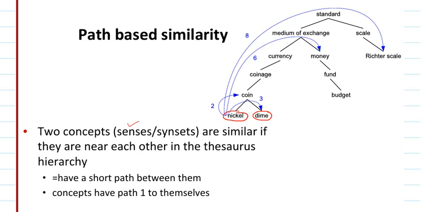These two are near to each other, which means these two are similar to each other, right? So we can calculate the similarity between nickel and money as well, and we can calculate the similarity between dime and scale, right? So dime is again another kind of measurable thing.